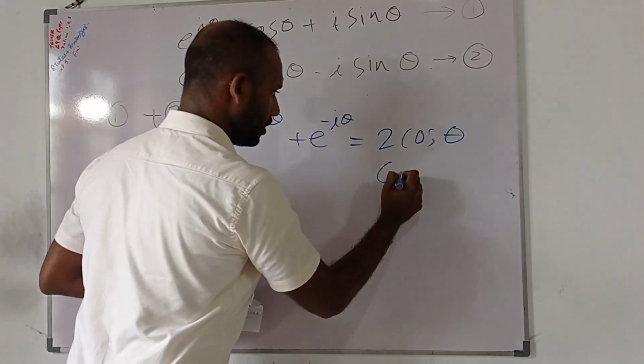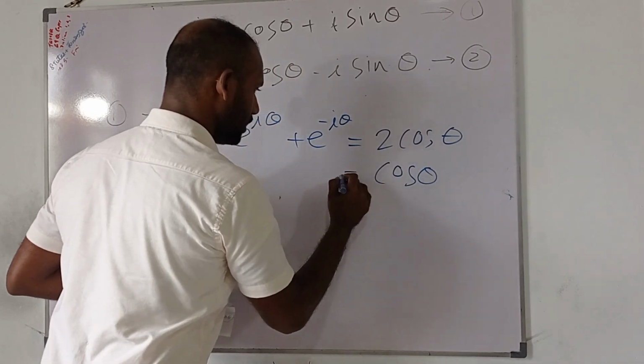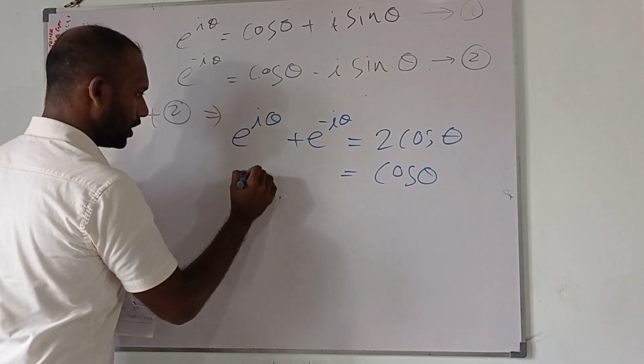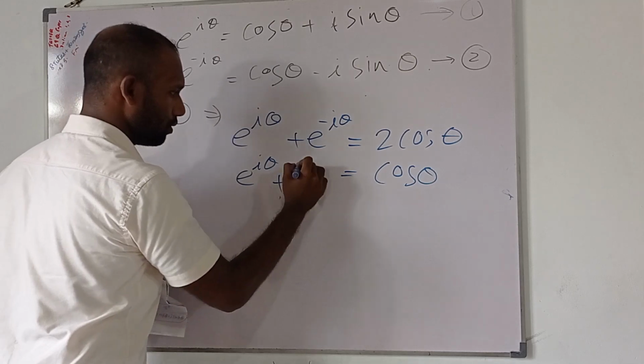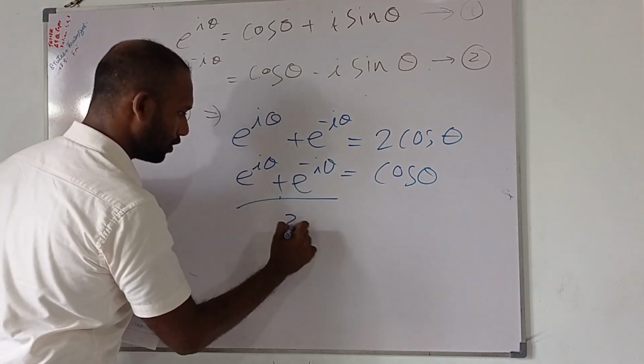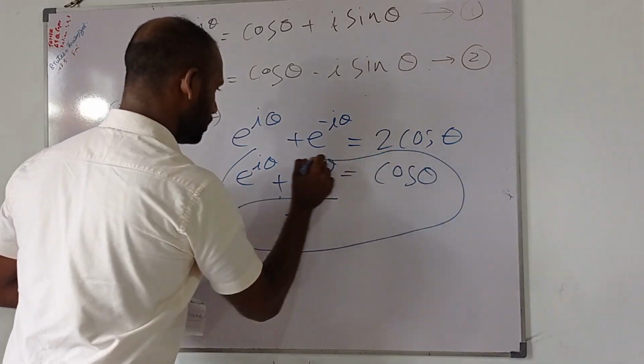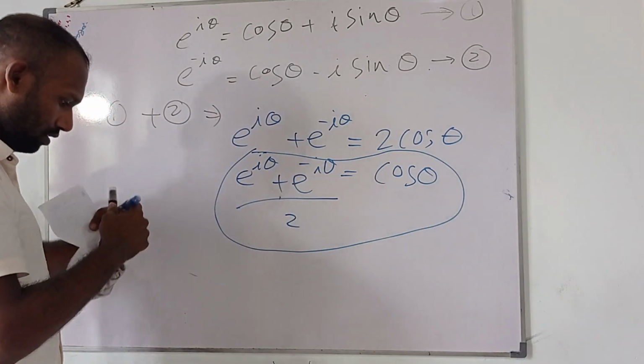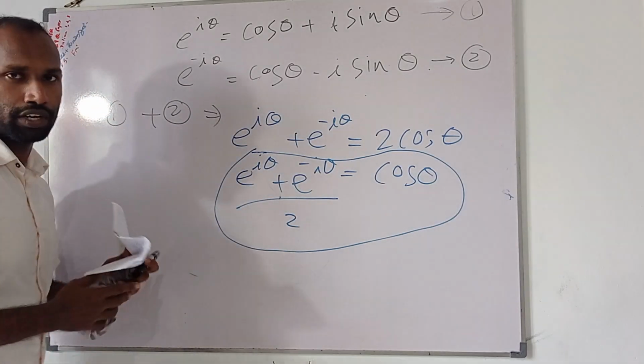And here cos theta equals e to the power i theta plus e to the power minus i theta over 2. This is our first verified formula.